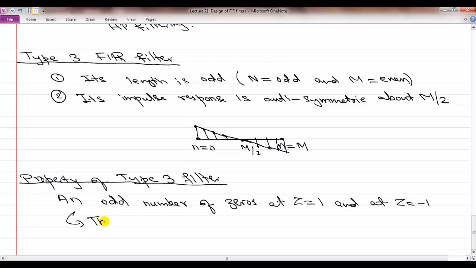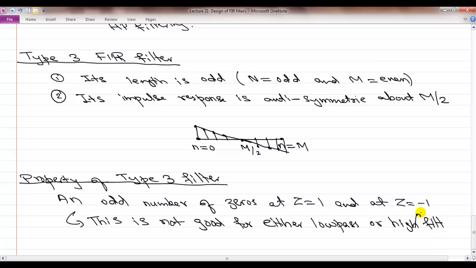So this is not good for either low pass or high pass filtering, and the reason being that it has zeros both at z equal to 1 and z equal to minus 1. Okay. So if your filter is odd length and you see that the impulse response is anti-symmetric, then you know it's type 3. Okay.